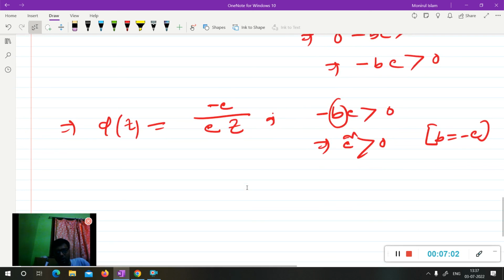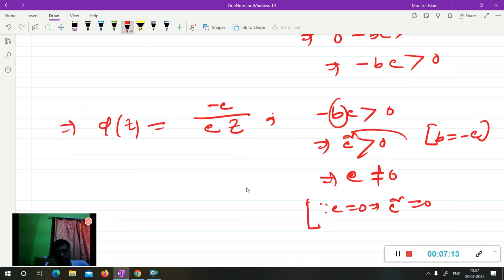Now c square greater than 0 ensures that c is never 0, because if c is 0, then c square is 0, but it says c square greater than 0. So c is never 0.